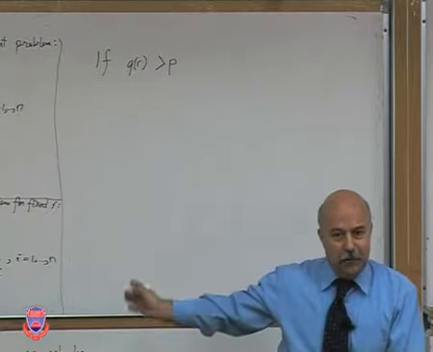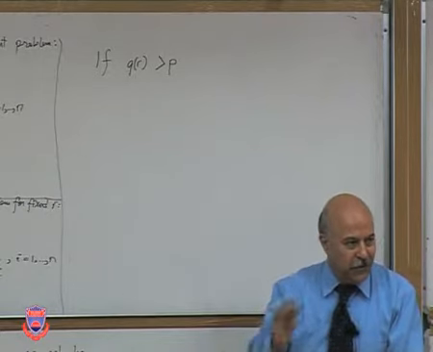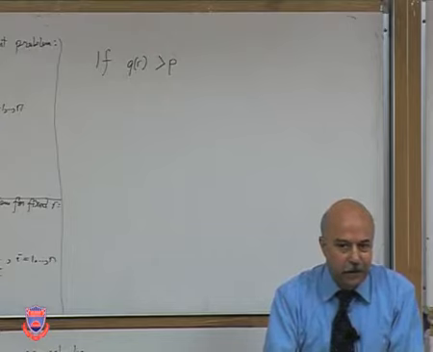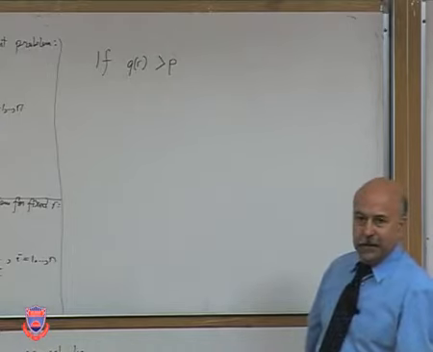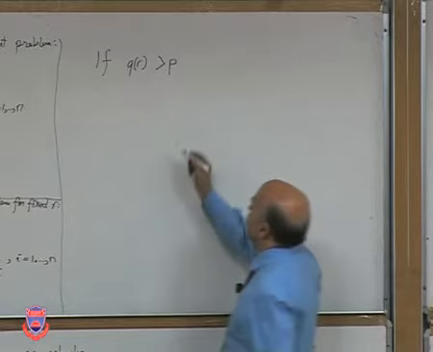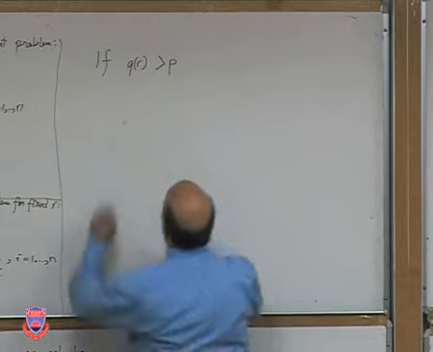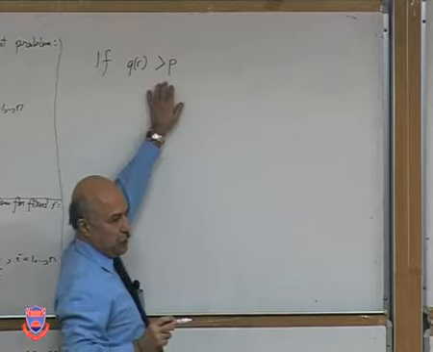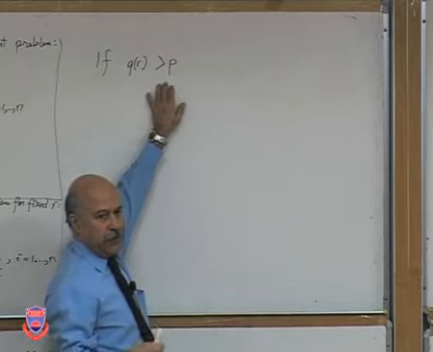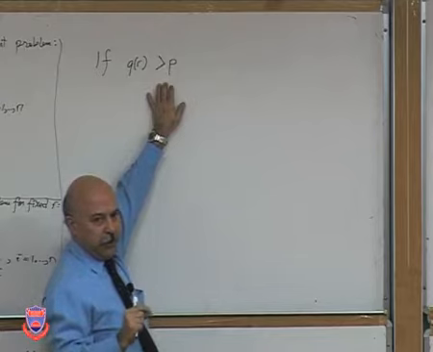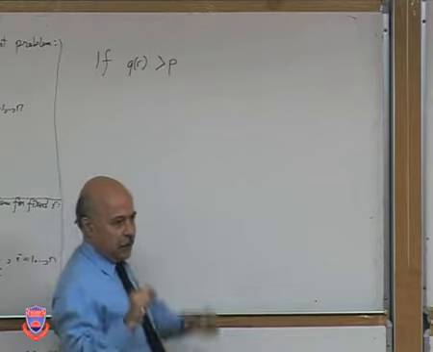I'm asking the same questions that I asked a few minutes ago in reverse order. If the number of points you find is more than P, then obviously R is not enough to allow you to cover everybody with P points. So in that case, R is smaller than RP.